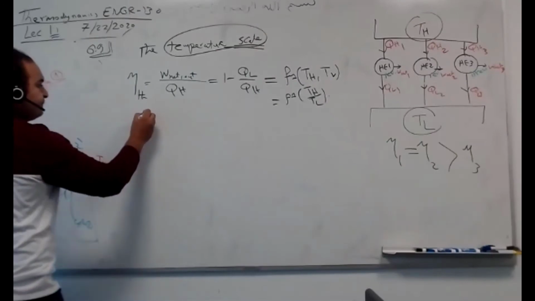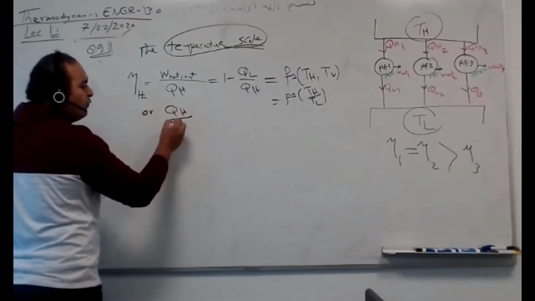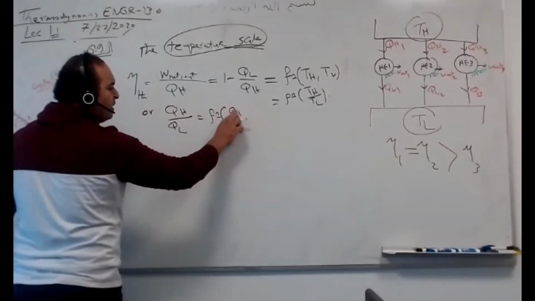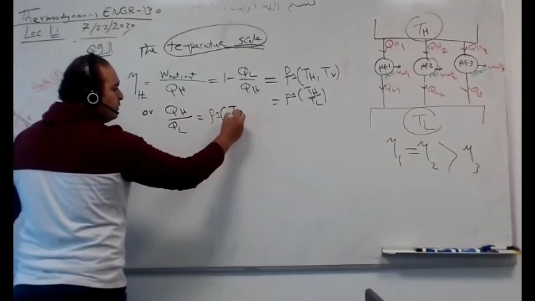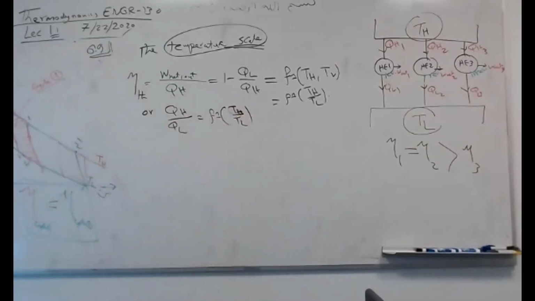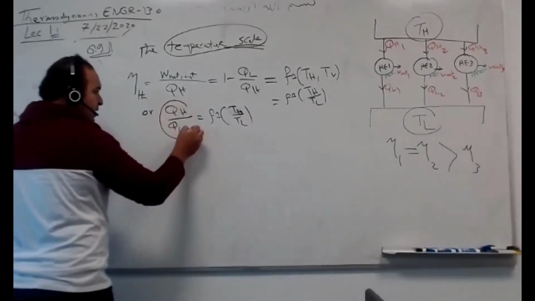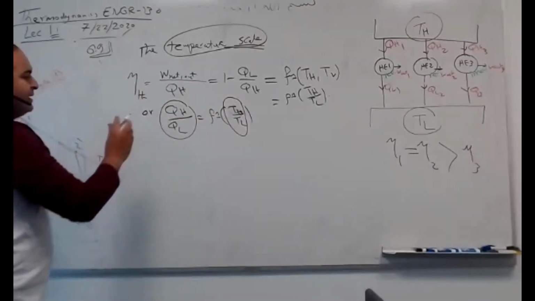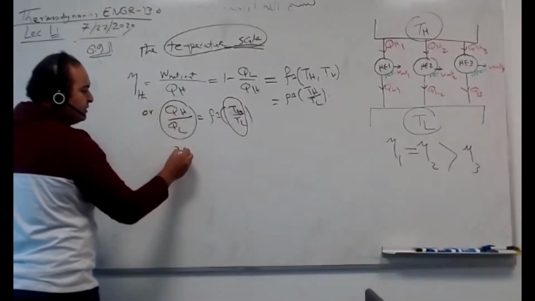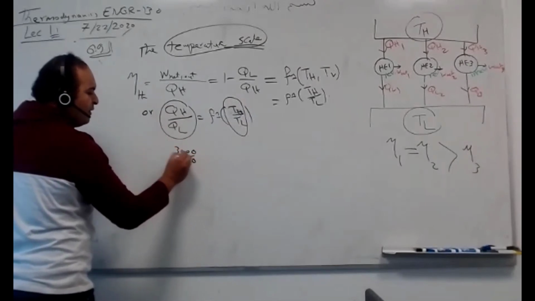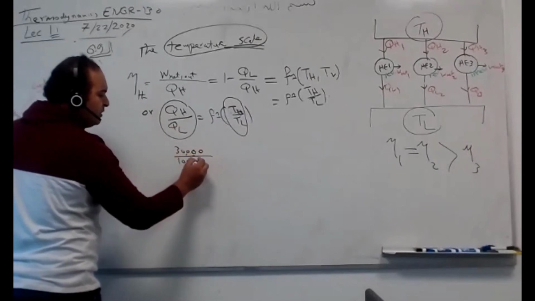Or Q high over Q low, which is this guy, a function of T high over T low. We don't know what this is now, but he said there is some kind of temperature scale. Q high over Q low as a ratio is a function of T high over T low as a ratio. So regarding this and this, let's say this is 300, this is 100 joule, or 3,000 over 1,000, or 30,000 over 10,000.